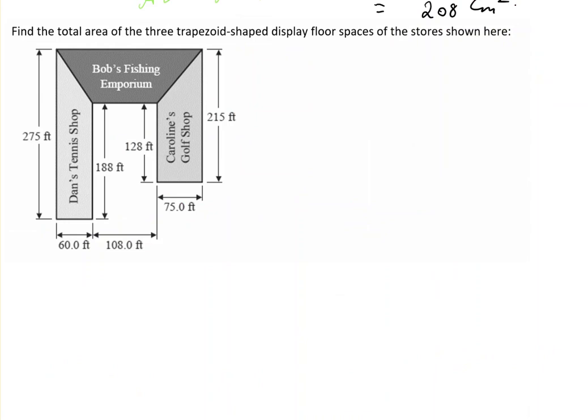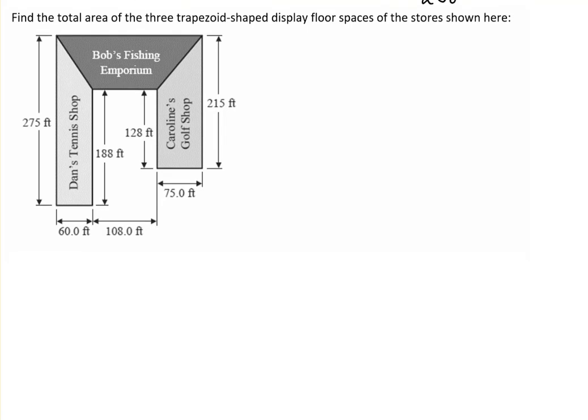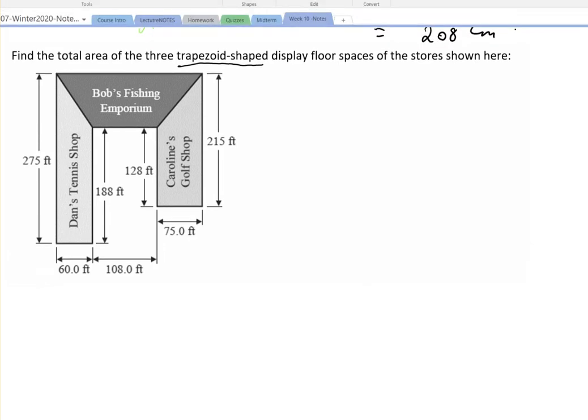All right, let's take a look at one more problem that relates to areas. In this one, we have 3 different floor spaces, and all of them are trapezoid shaped. We need to figure out the total area covered by the floors.